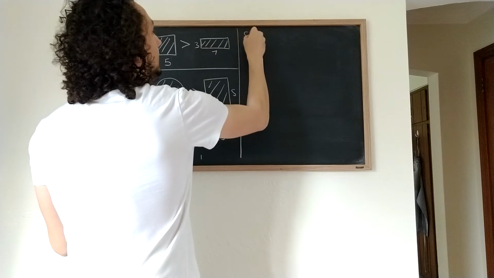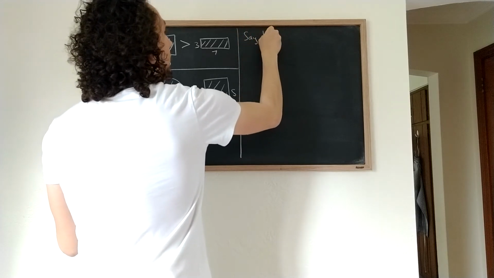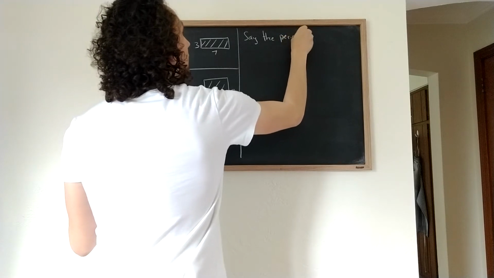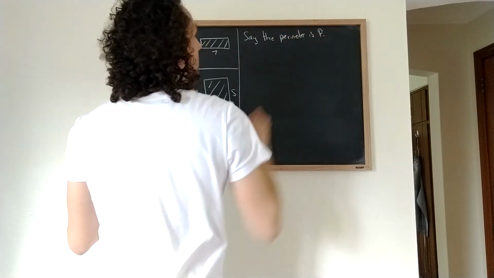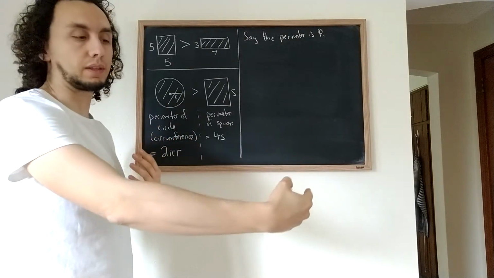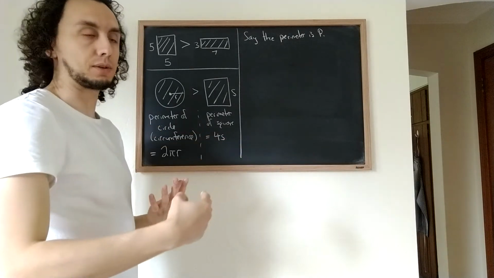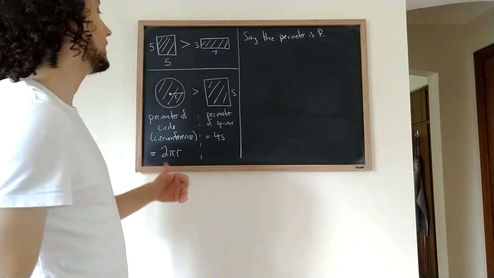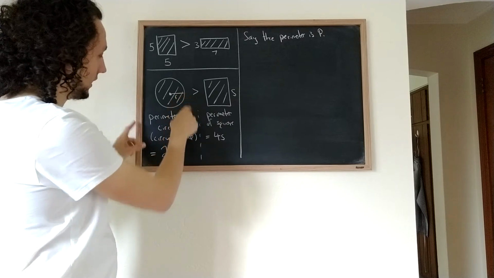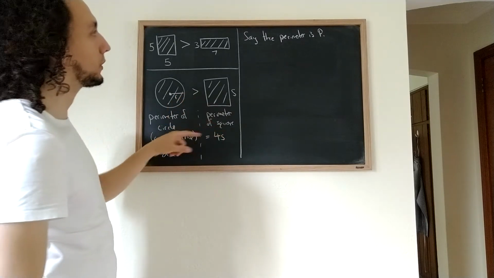So let's say the perimeter is p. So we have a fixed perimeter, like a fixed length of a fence that we're using to enclose an area, and we can either arrange it in a circle, or we can arrange it in a square.